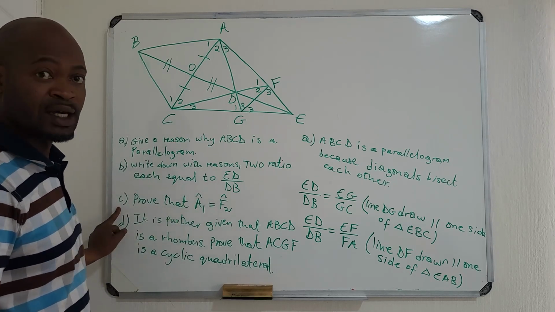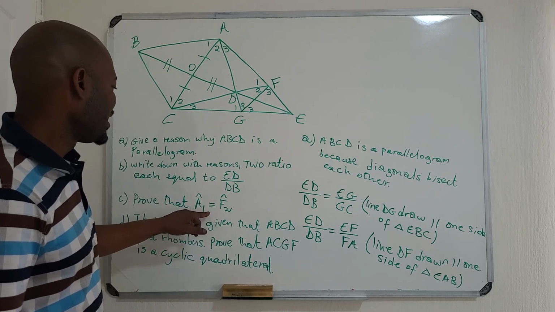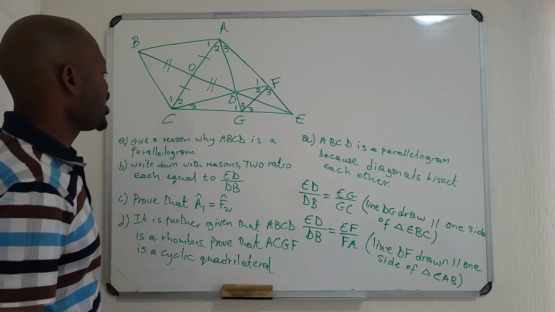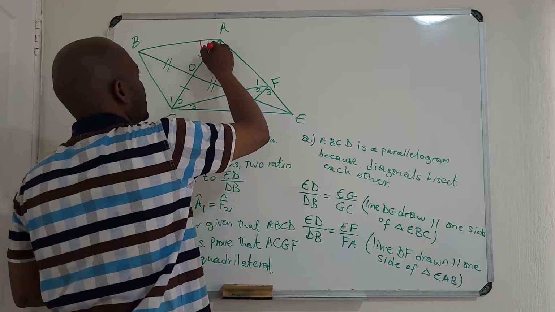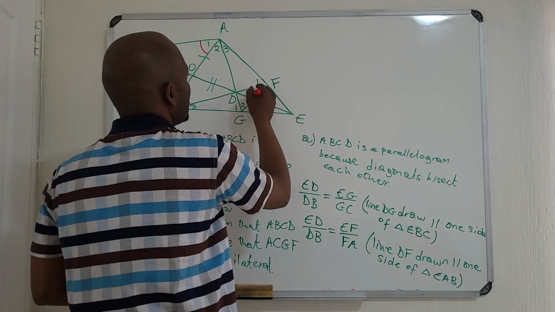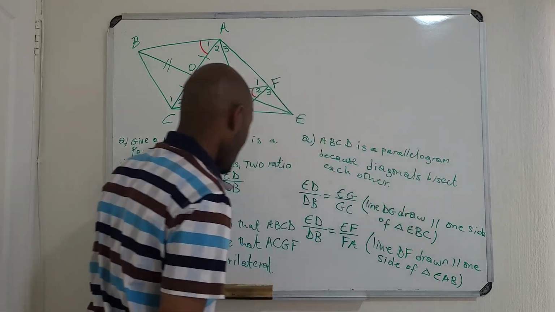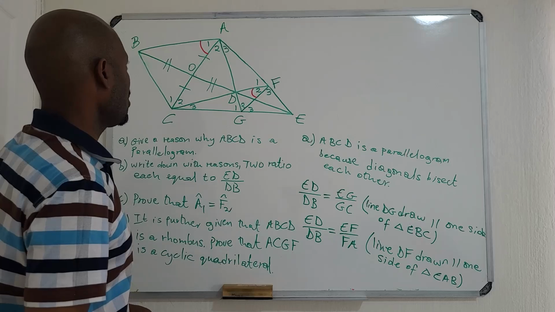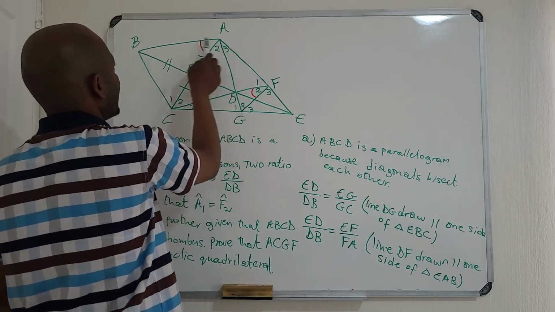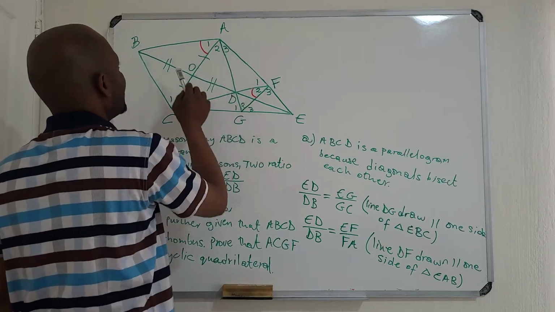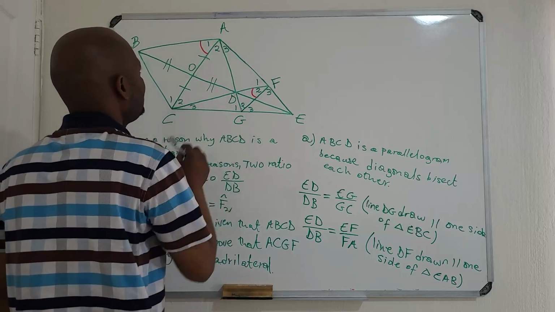Now, (c) they say to us, we must prove that angle A1 is equal to angle F2. They want us to prove that this angle here, angle A1, is equal to this angle there, which is F2. For us to prove that, we know that this is a parallelogram and opposite sides are parallel, and we have a Z shape there.